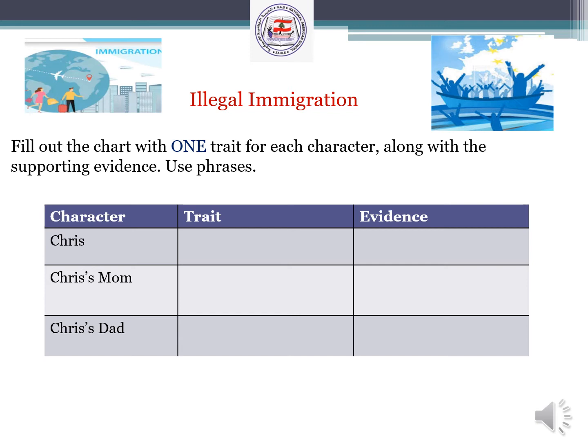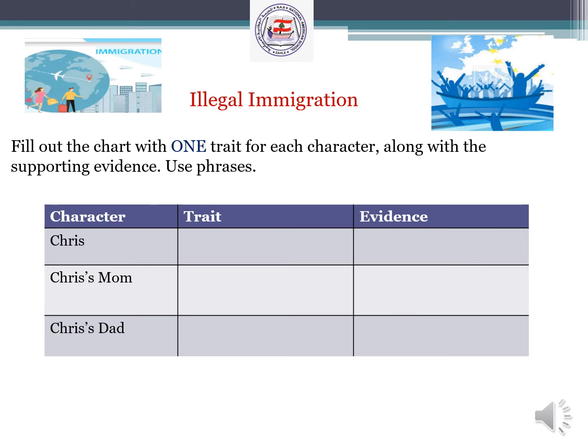If we go back to Illegal Immigration, Chris is clearly a responsible person. The evidence is taking care of her sister. She is also imaginative, and the evidence is fancying the way police crash doors. As for Chris's mom, she is humorous and comical. The evidence is passing black humor jokes.